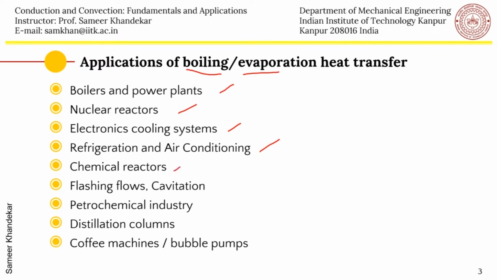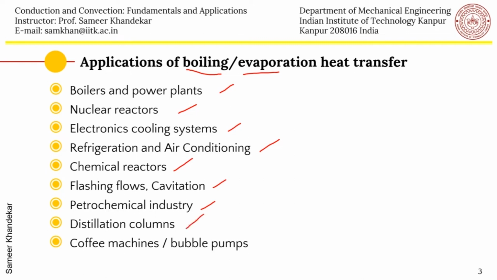Several chemical reactors involve phase change processes. Cavitation is also a phase change phenomenon. Flashing flows, mechanical boiling. In the petrochemical industry, distillation takes place by successive boiling of the mixture of petrochemicals or hydrocarbons.